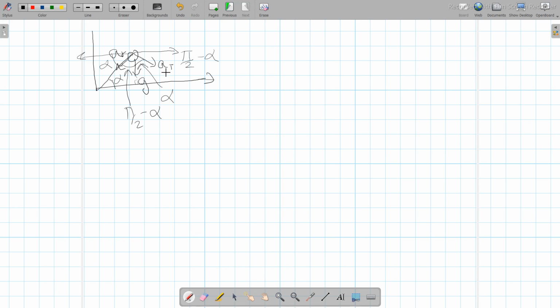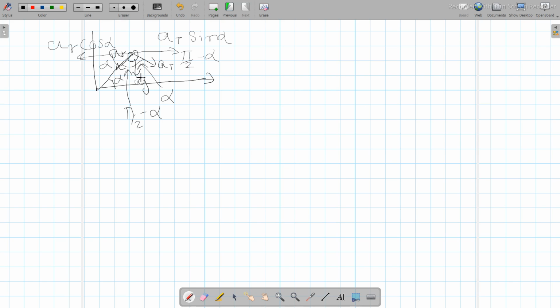Now if we divide the tangential component into its horizontal and vertical components, then this must be at sine alpha, and this will be radial, ar cos alpha.